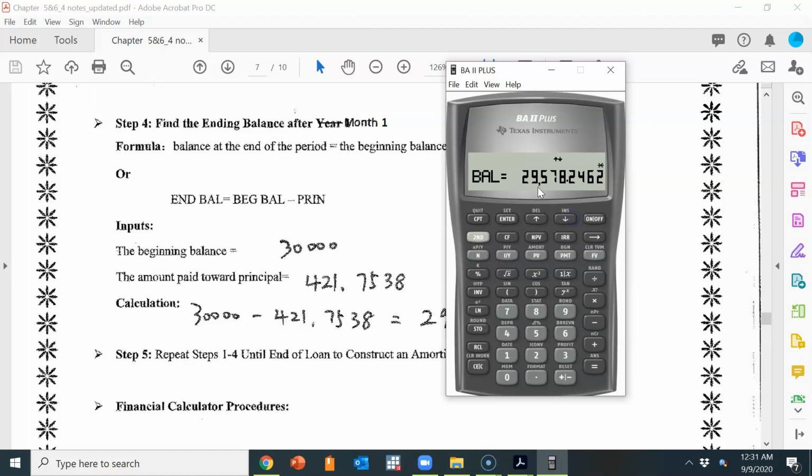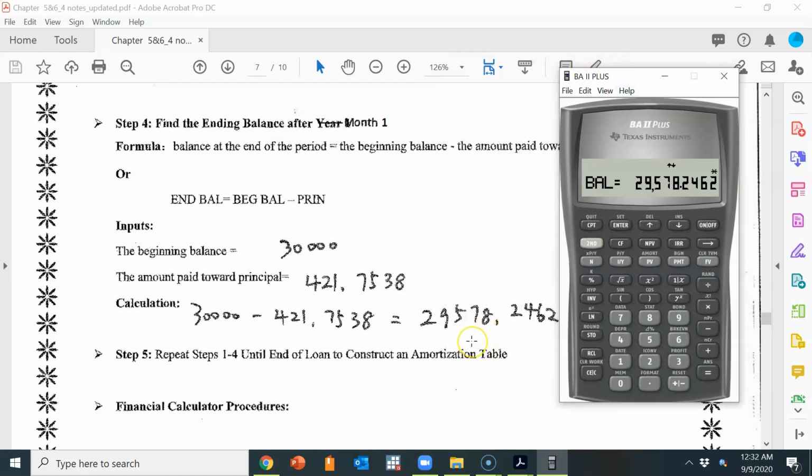Down button, the ending balance for the first month is going to be 29,578, which is the same as how we calculated it manually. Down button, the principal payment for the first month is 421.7538. Down button. The interest payment for the first month is 168.75.